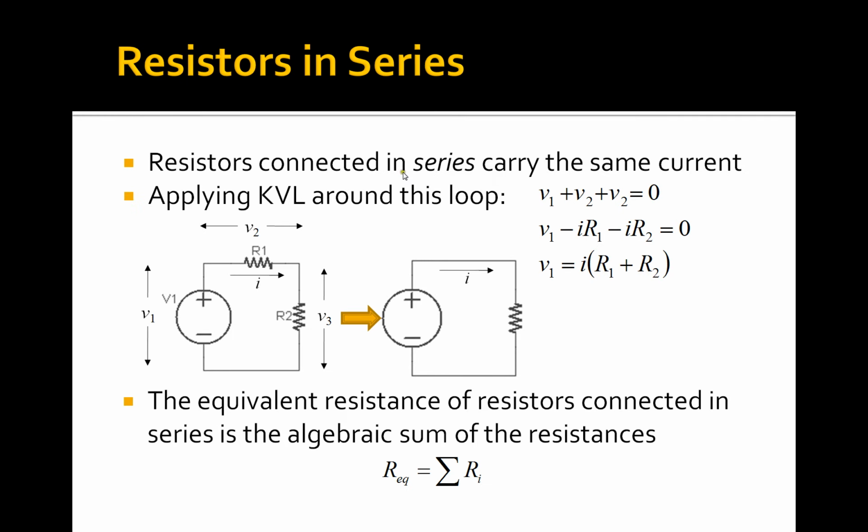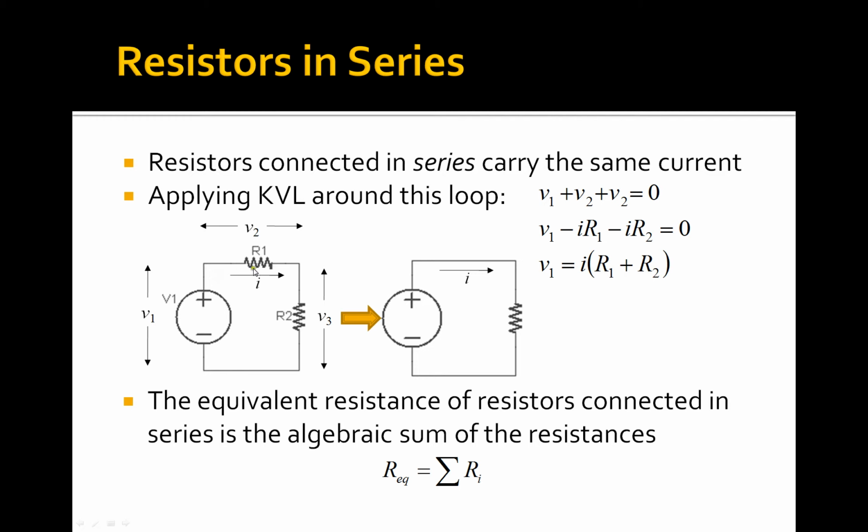I'm sure you've all heard that for resistors in series, the equivalent resistance is going to be the sum of all of the resistive elements that are in series with each other, and this is why it comes about. The first thing that we have to define is our elements that are in series with each other. So resistors are said to be in series if they see the same current, if they carry the same current.